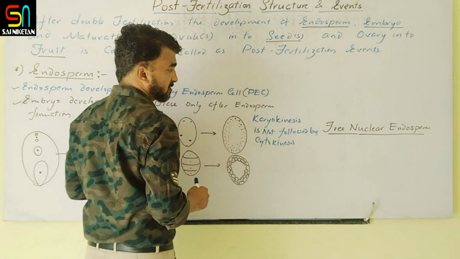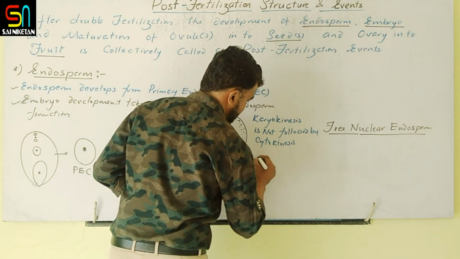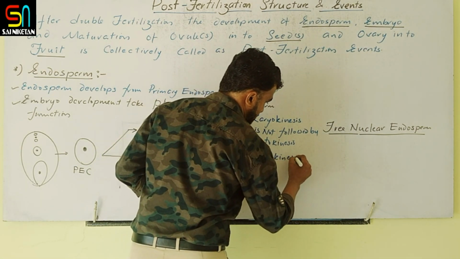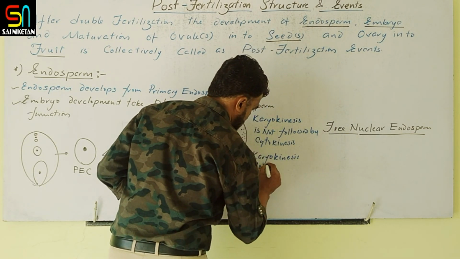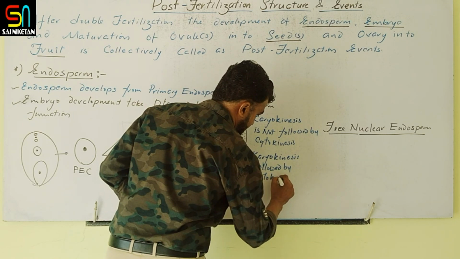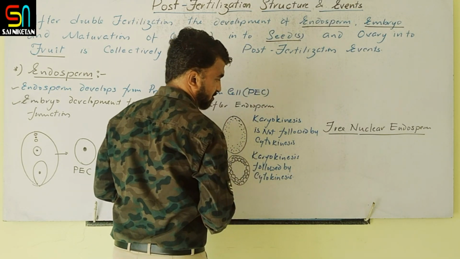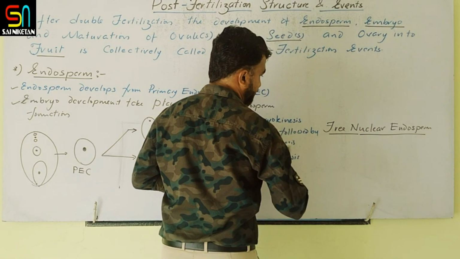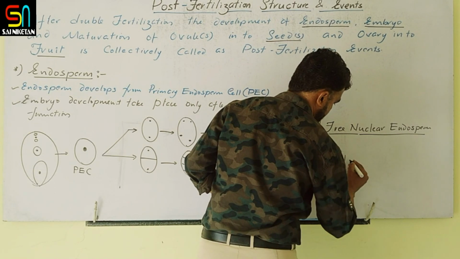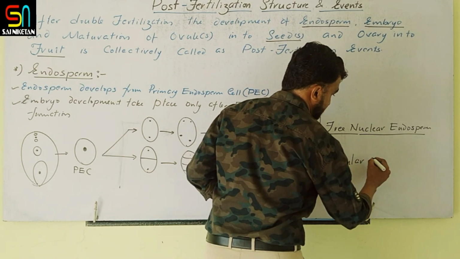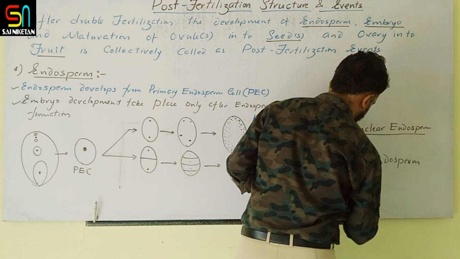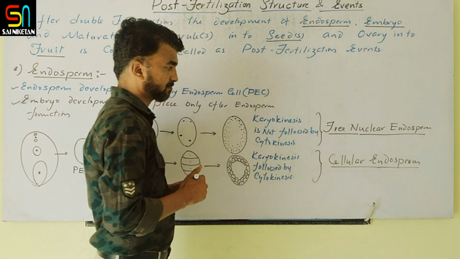Here, karyokinesis is followed by cytokinesis. This type of endosperm is nothing but cellular endosperm. This is the second type.